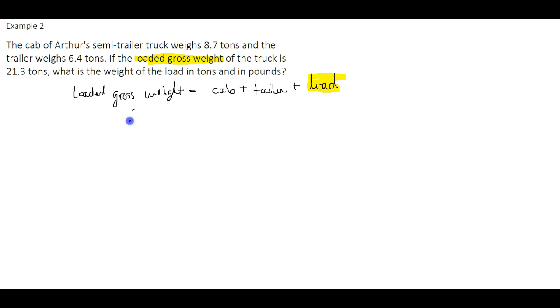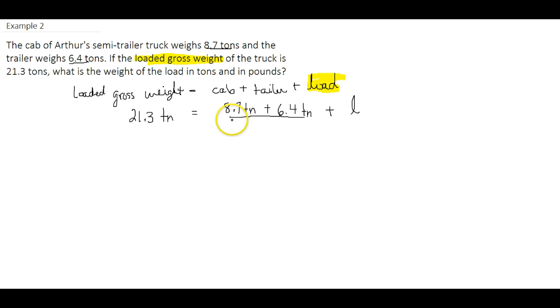We have 21.3 tons, and that's equal to 8.7 tons. That's the weight of the cab. And then the weight of the trailer is 6.4 tons plus the load. And I'll just call that L. We don't know what it is. So I can add these two together.